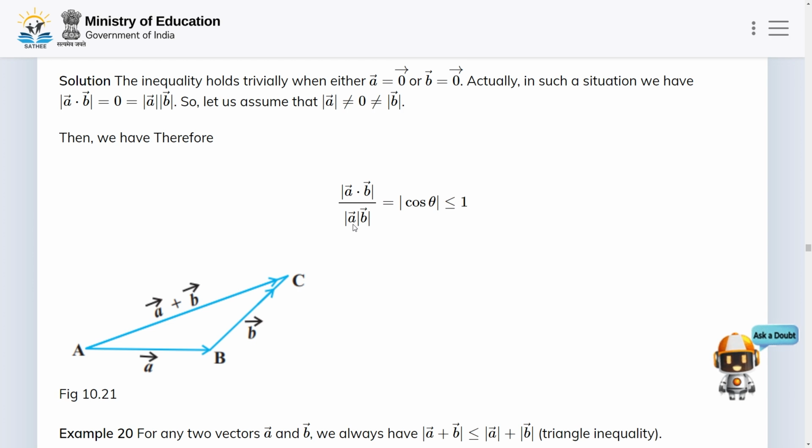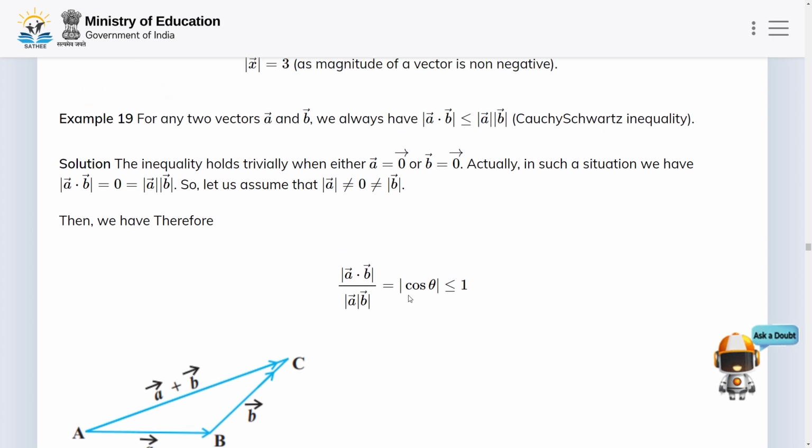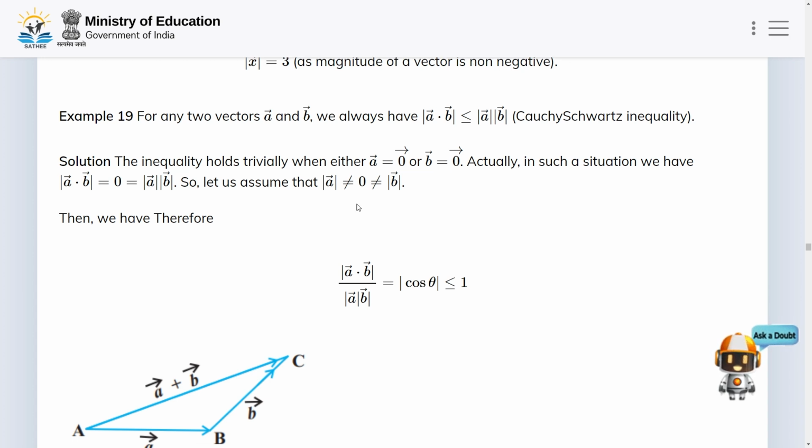As you can see, magnitude of a multiplied with magnitude of b, this is the same as cos theta. You all know that the magnitude of cos theta is less than or equal to 1. This means just cross multiply, and you will get this inequality. I hope that this inequality is now clear to you. Clear?